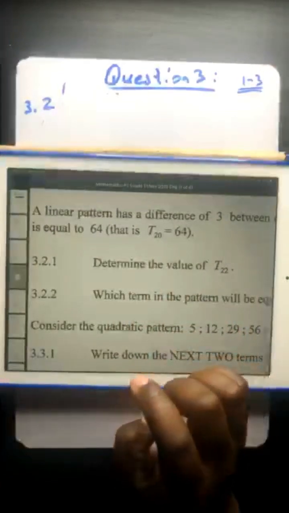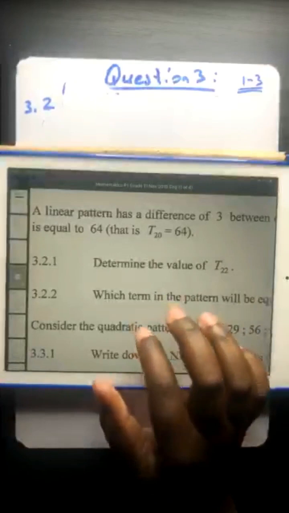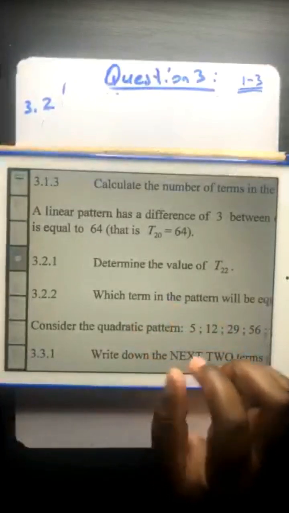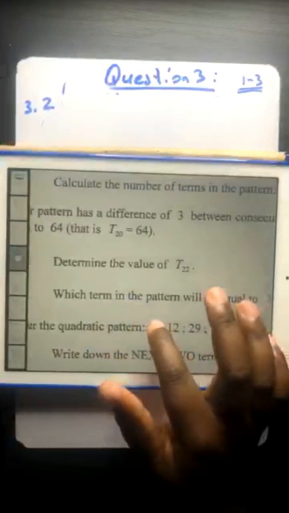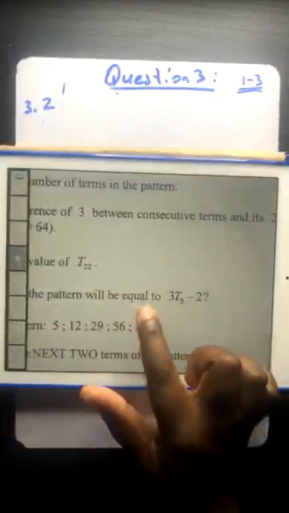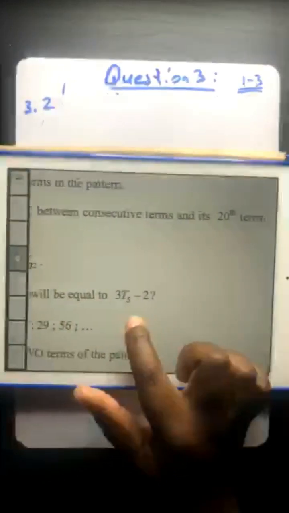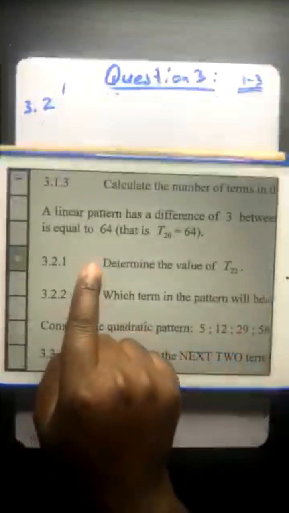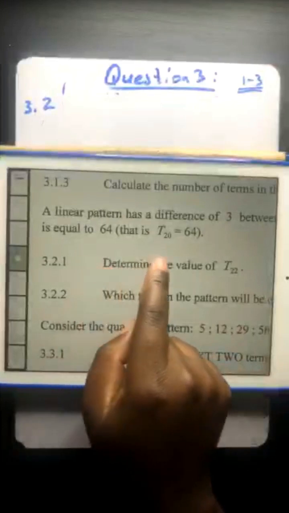A linear pattern has a difference of 3 between consecutive terms, and its 20th term is equal to 64. That is, term 20 is equal to 64. Determine the value of term 22.